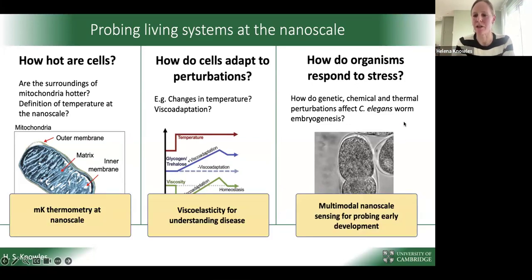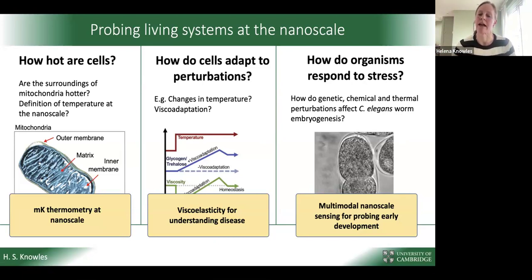And of course, ideally, we would like a nanoscale sensor that can measure temperature at the millikelvin scale. That would be amazing. And then we would also like it to be able to perform rheology, so measuring viscoelasticity at the nanometer scale. And this relates to many diseases, of course, as well. So as well as being interesting from a sort of fundamental biology perspective, many diseases have changes in viscoelasticity inside the cells.